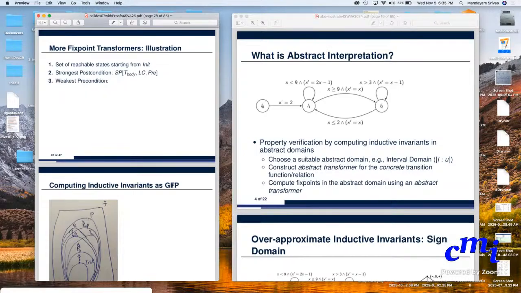Anything you can always express as least fixed point, but sometimes you'll have to guess the initial thing. Here the strongest post condition was naturally expressed as linear iteration in the forward direction, whereas think about how you would do K induction.